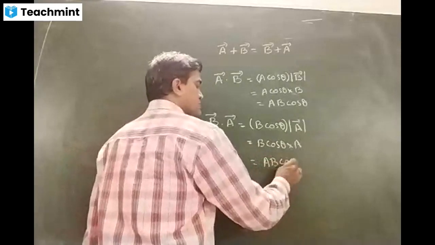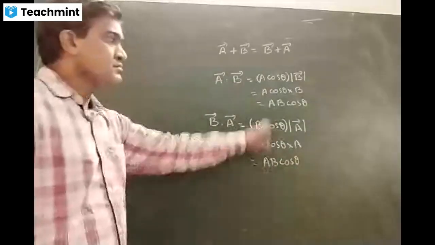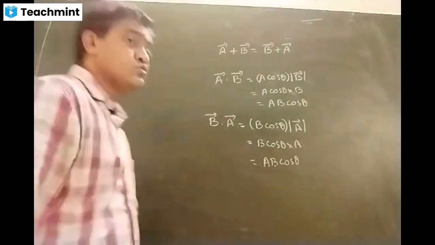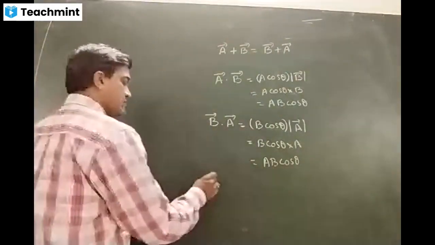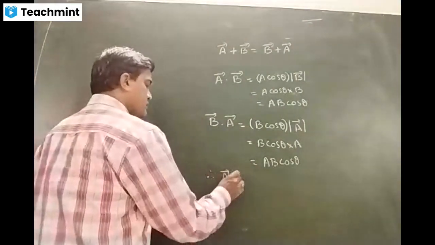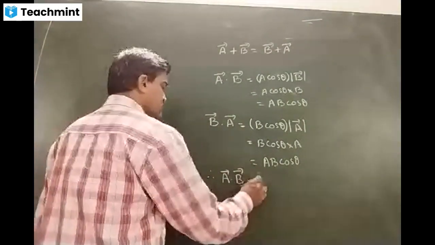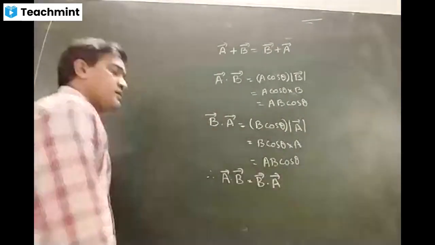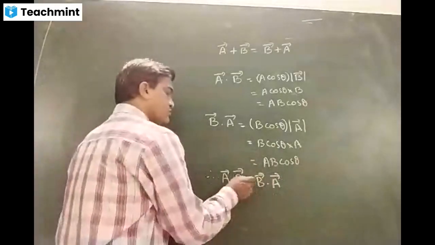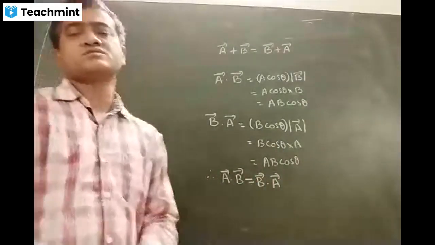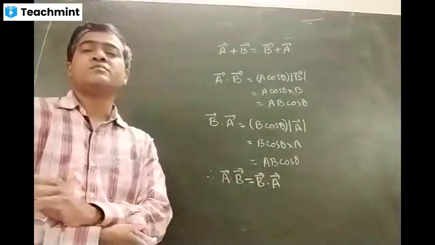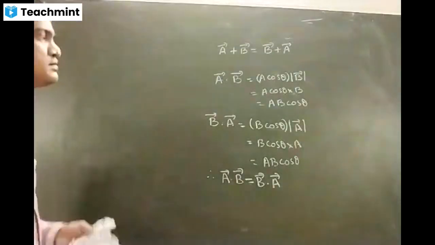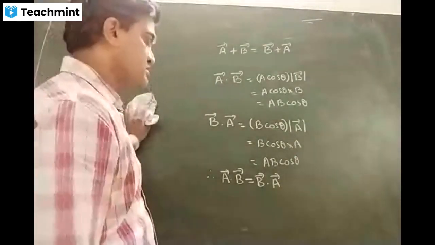AB cos theta. Are they same? Yes, sir. Both are same. So therefore I can say that A bar dot B bar is equal to B bar dot A bar. This is obeying commutative law under multiplication.